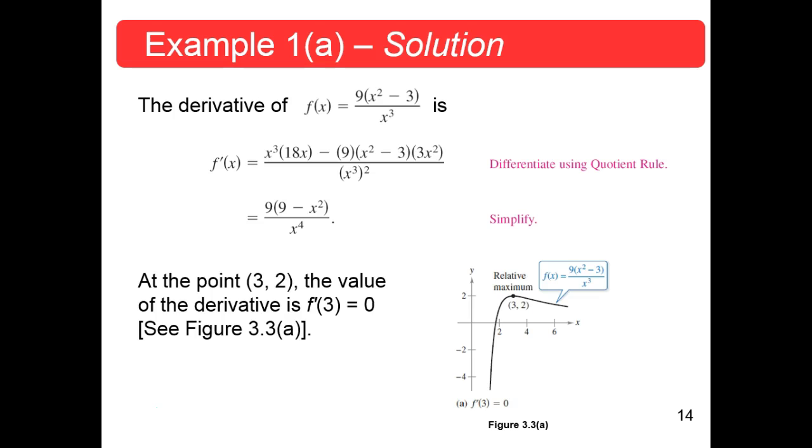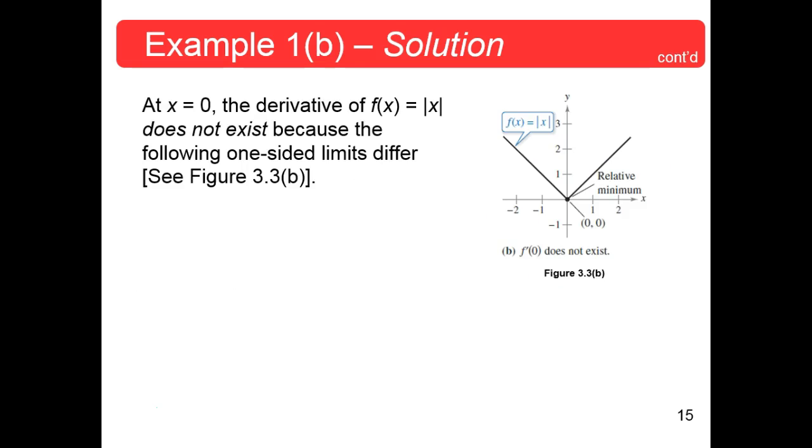So the slope of the tangent line is 0 at that relative maximum. This one, the derivative did not exist because it was a one-sided limit, -1 from the left, +1 from the right. No limit exists, so it doesn't have a slope at x equals 0.